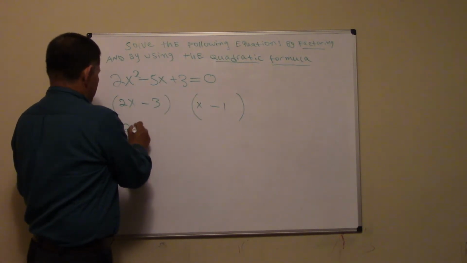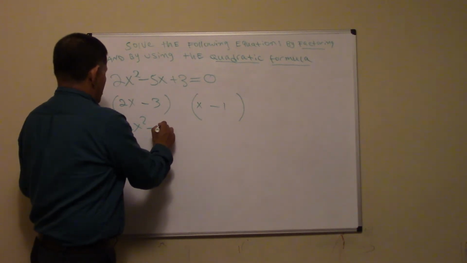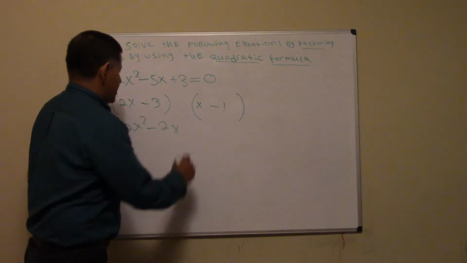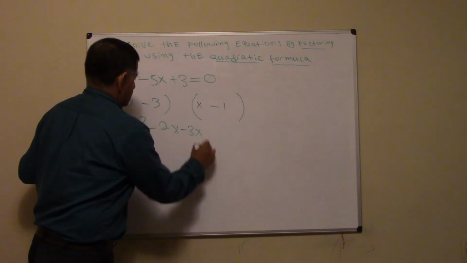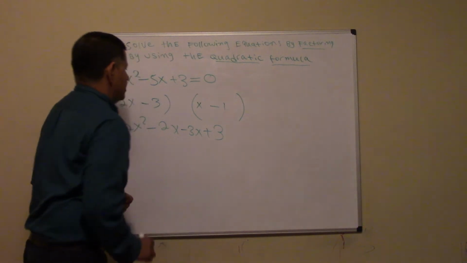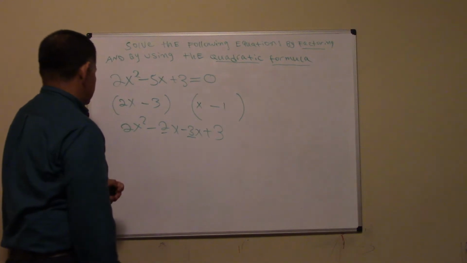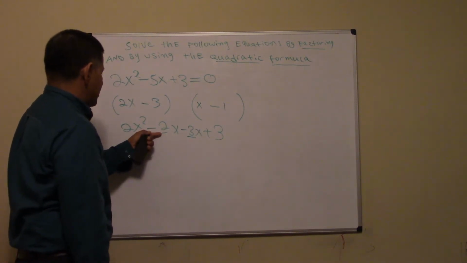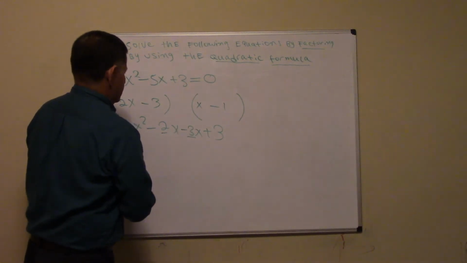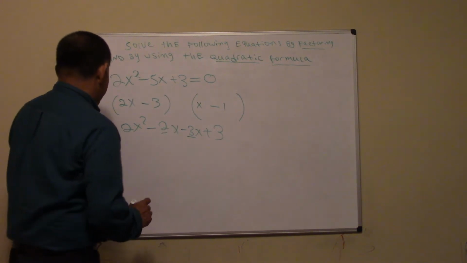We get 2x squared, we get minus 2x, here I get minus 3x, and here I get plus 3. If I add negative 2x plus negative 3x, that is equal to negative 5x.